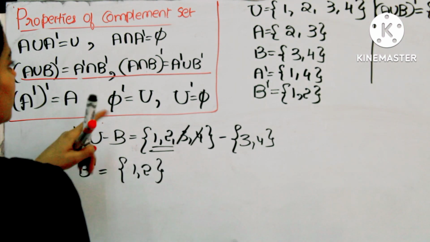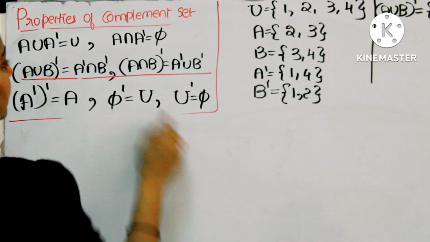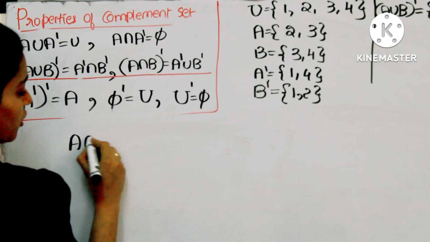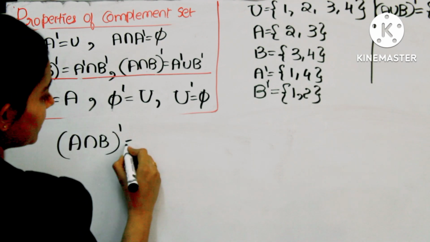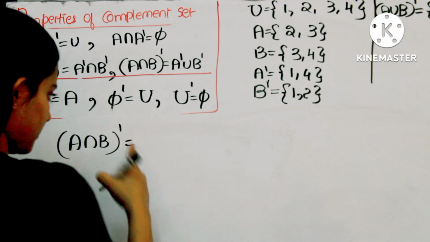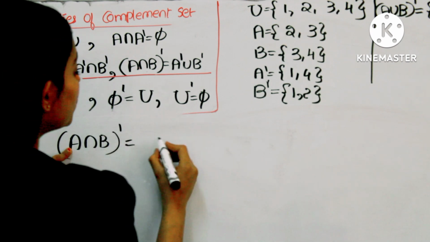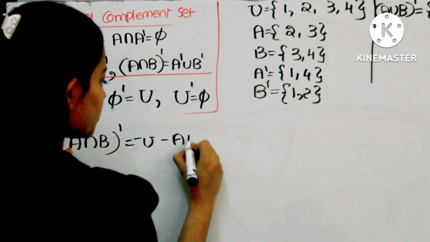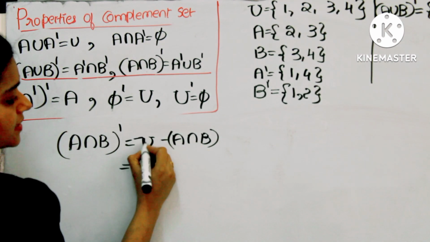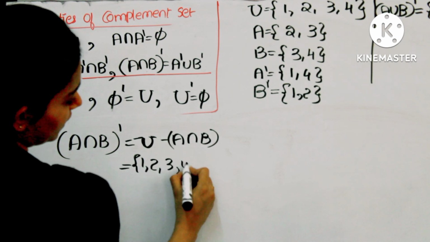Next we need A intersection B complement. Similarly to what we did for A union B complement, but now we find the intersection. This is inside the complement, A intersection B, therefore you have to remove A intersection B from U. U minus A intersection B. U is 1, 2, 3, 4.